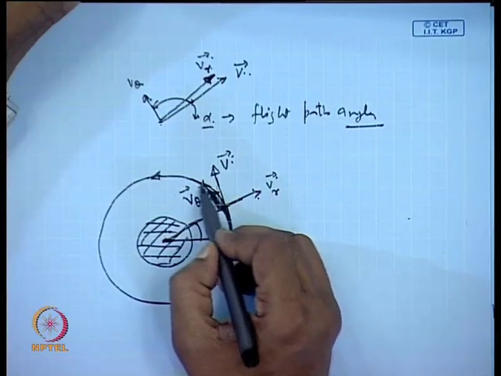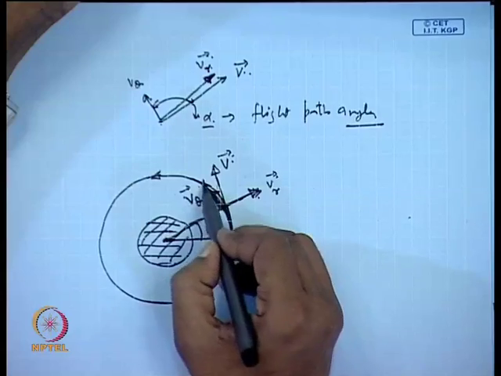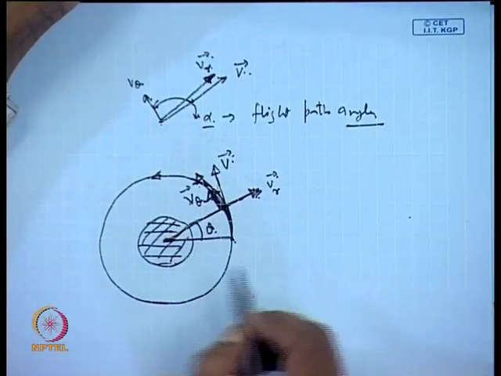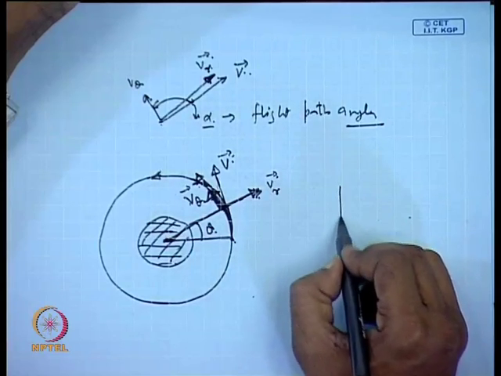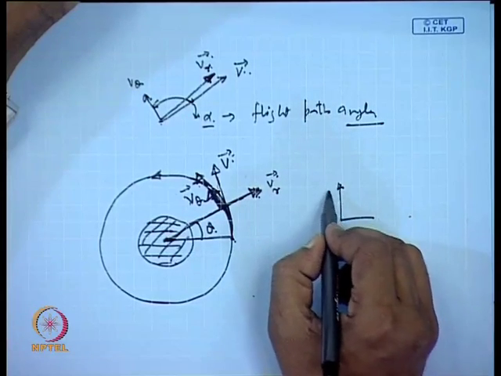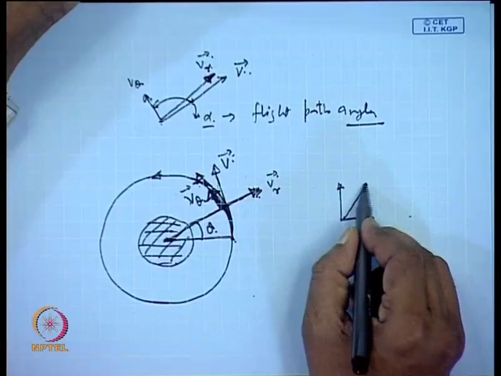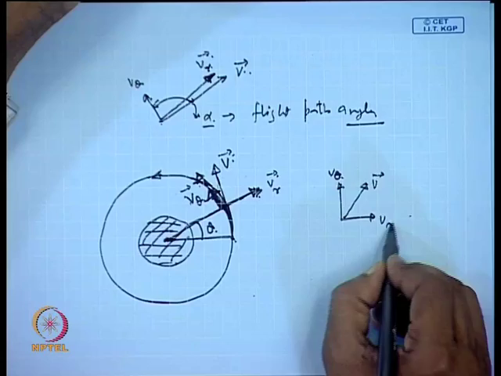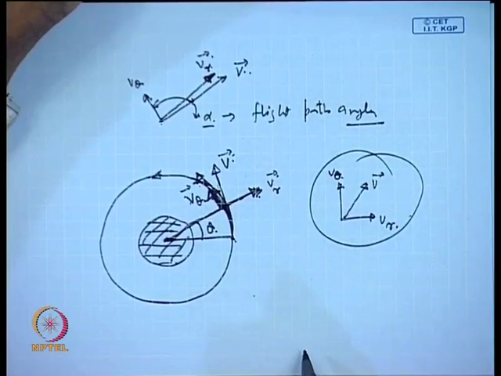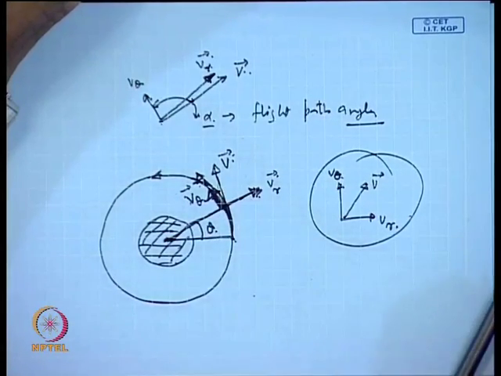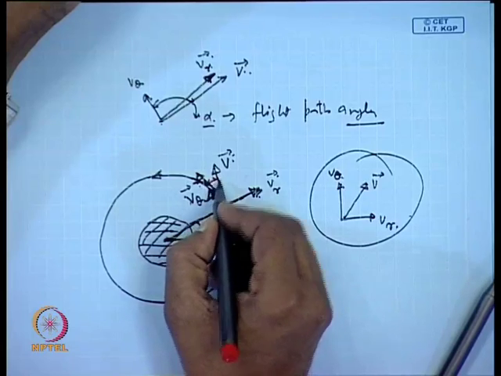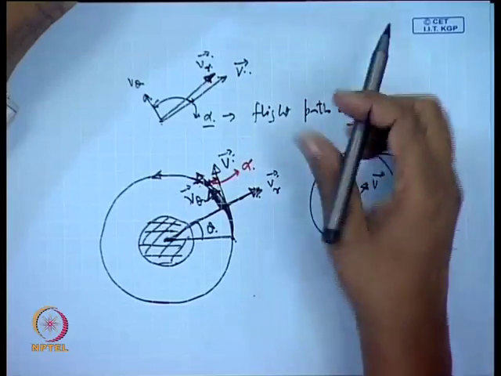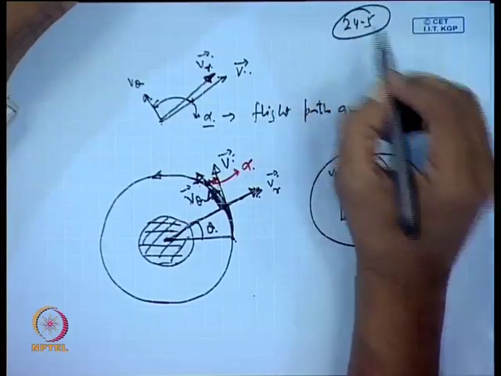So, this is our V vector, and this is the resultant of V theta and V r. The flight path angle, as we have said, is indicated by the angle from here to here, which is nothing but alpha.